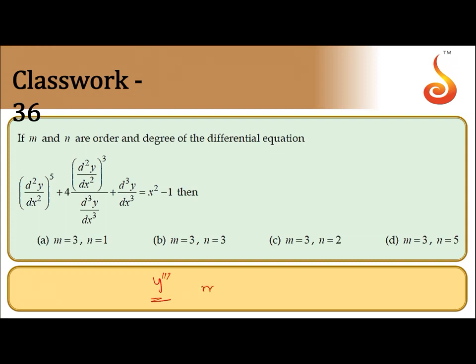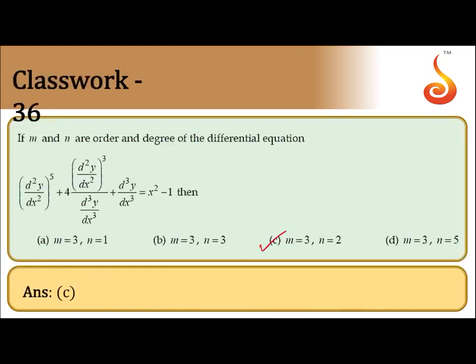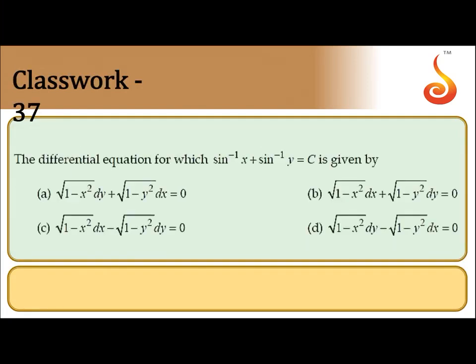So definitely the order of this differential equation, m, is equal to 3. And if you take LCM, you will be getting d cube y by dx cube whole square, so n is equal to 2. So m is equal to 3, n is equal to 2. The answer is C.